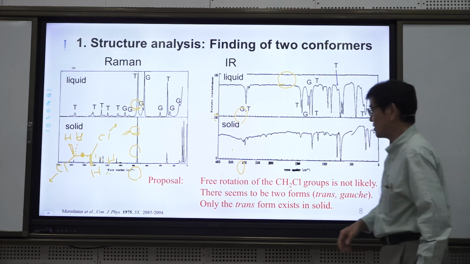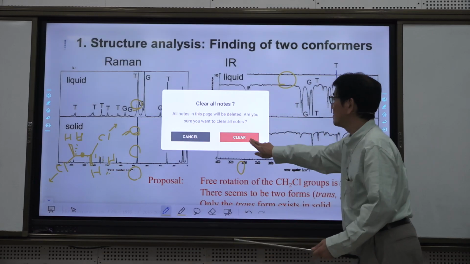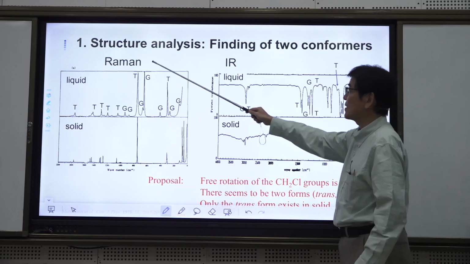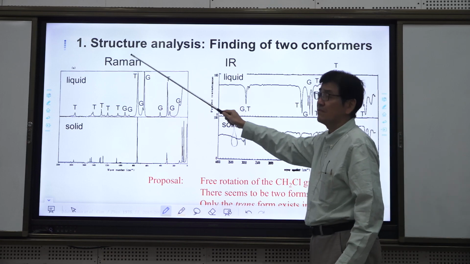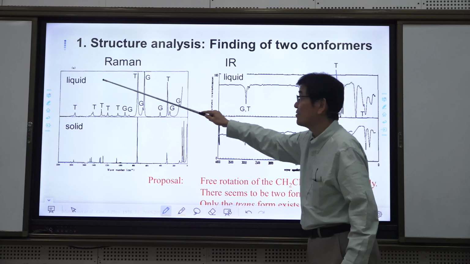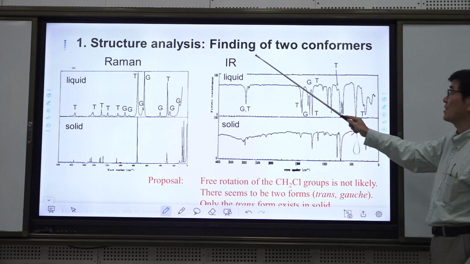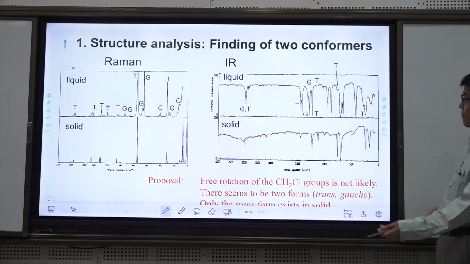So it's time to see the experimental result. This is the Raman spectrum of 1,2-dichloroethane in the liquid phase and solid phase. This is the IR spectrum of the 1,2-dichloroethane in the liquid phase and solid phase.